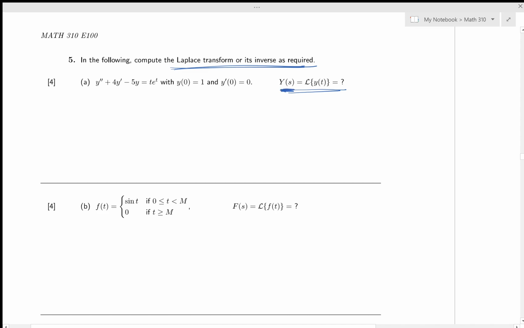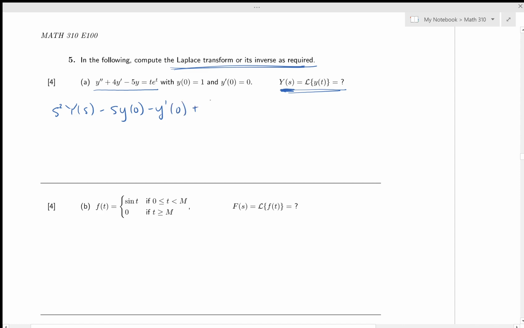That's much easier. Okay, so I go ahead taking the Laplace transform on both sides of this equation, and I get s squared y of s. So certainly you must know what the Laplace transform of the second derivative and the Laplace transform of the first derivative of a function is. For sure that will come up on the final exam.